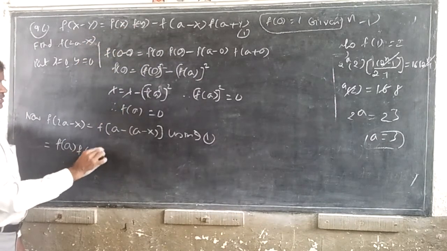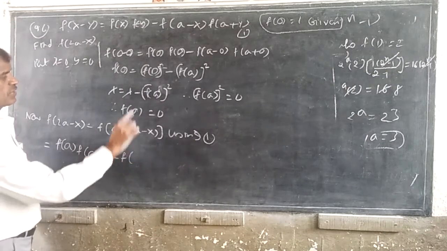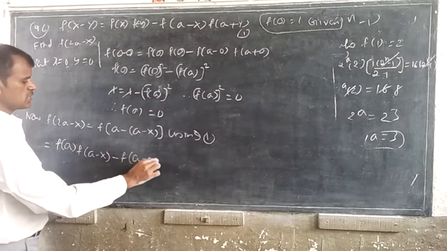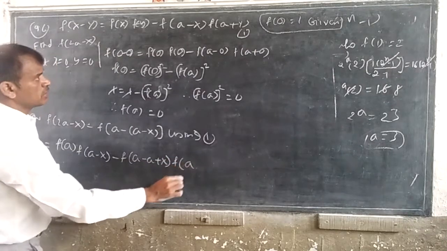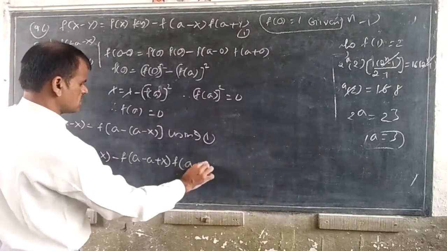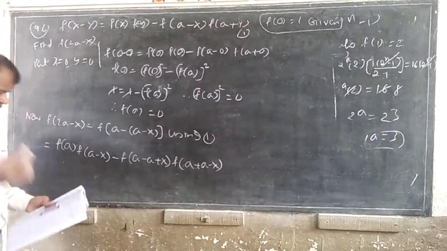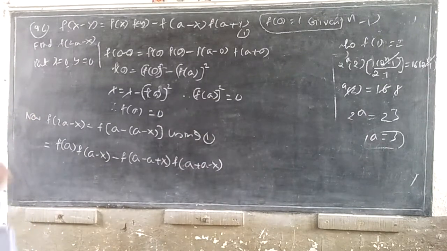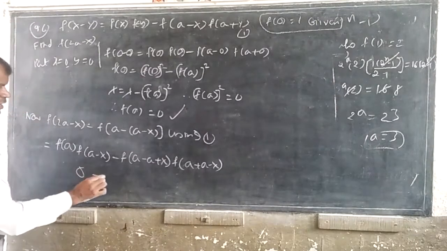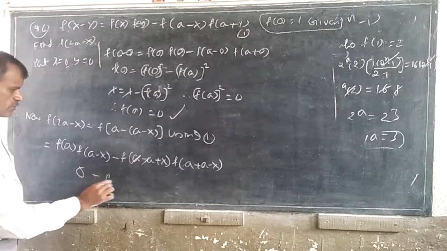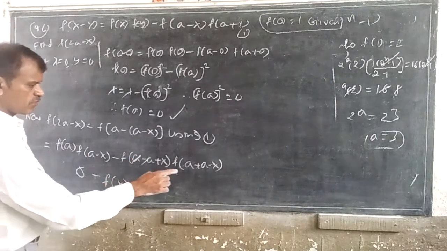F of a minus x minus f of a minus x, a minus a plus x, right here, into f of a plus y. So a plus a minus x. F of a we got 0. So substitute 0, anything into 0. This is minus f of x into f of a plus x.